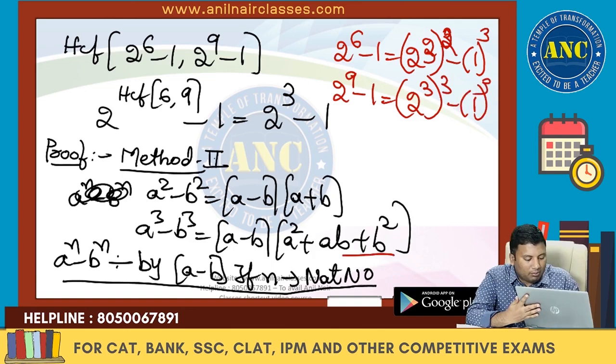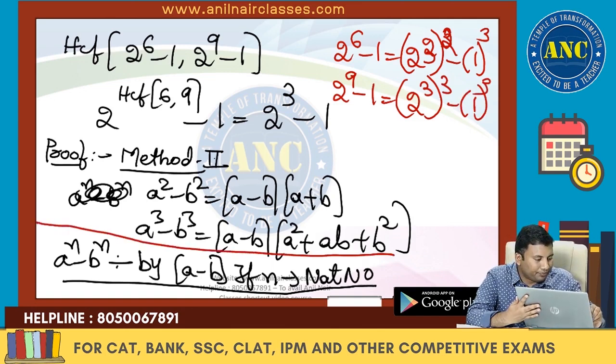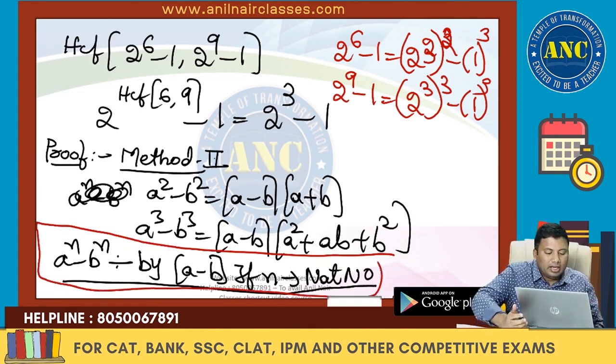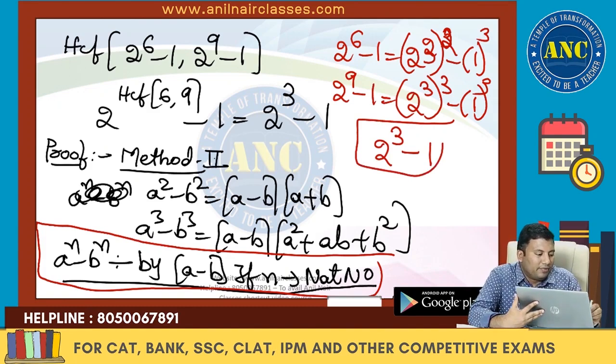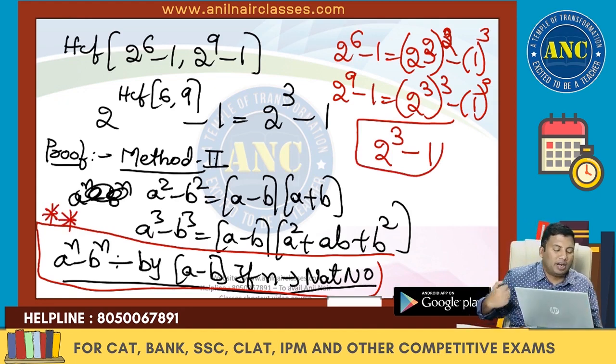A power n minus b power n is always divisible by a minus b if n is a natural number. So this is divisible by 2 cube minus 1. This is the proof.